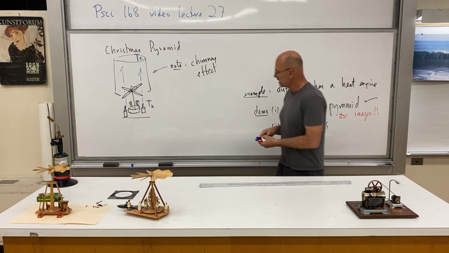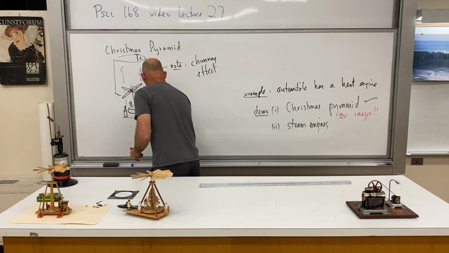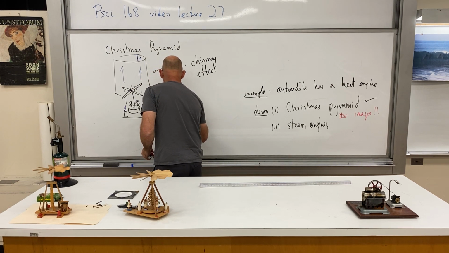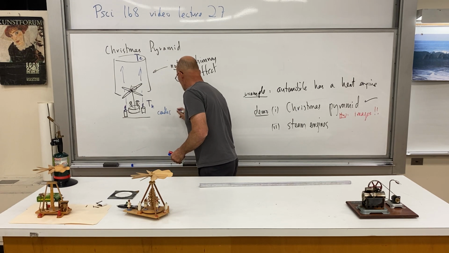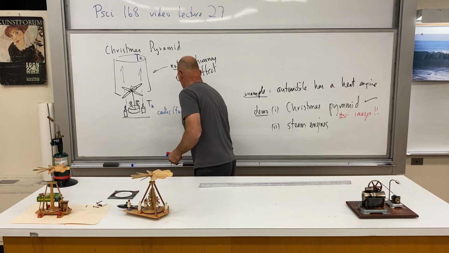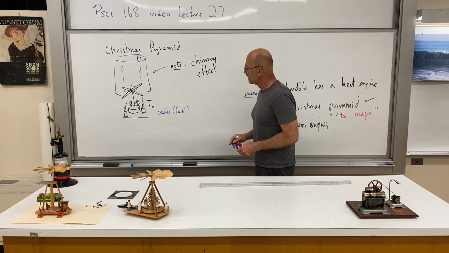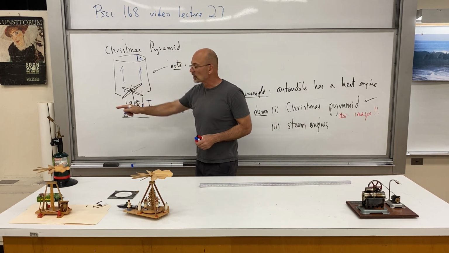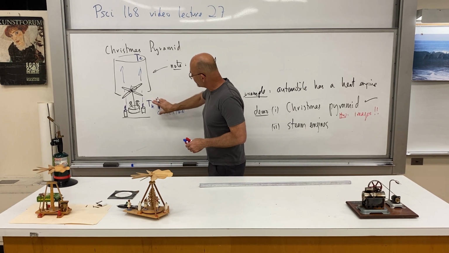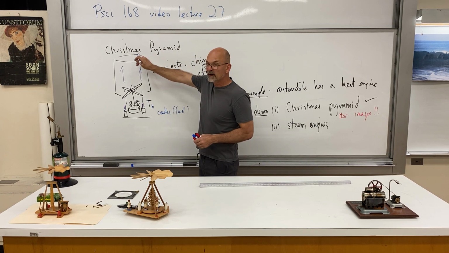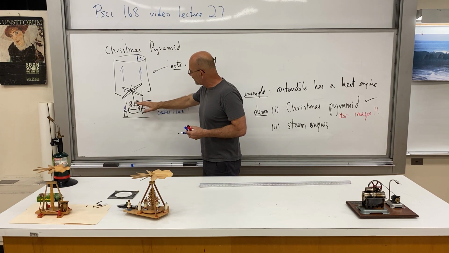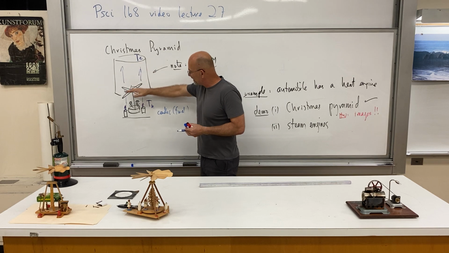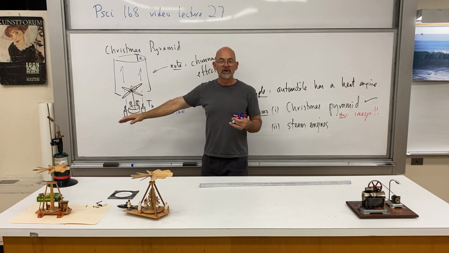You want to label this. We have candles. There's our fuel. Okay. Candles. Have the fuel there. Right, the work is being done and the thing turns. There's a separation of higher and lower temperatures. In fact, if the temperature were uniform, in other words, if it were just as hot above as it is below, it would have no reason to turn at all.